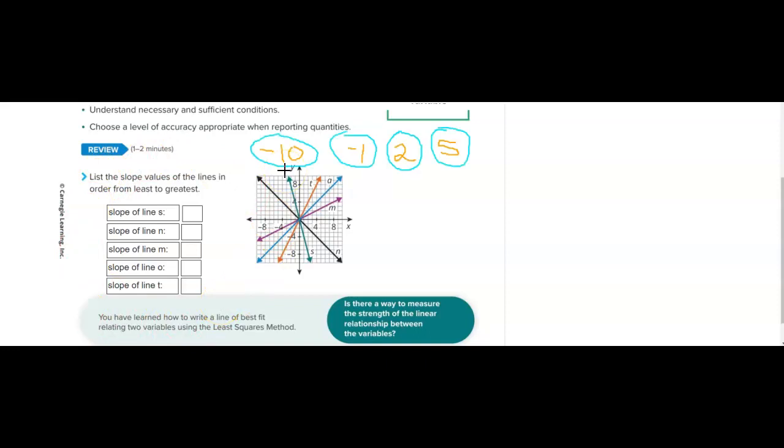For example, -10 is less than -1, -1 is less than 2, and 2 is less than 5. So least to greatest, these numbers are arranged -10, -1, 2, 5.